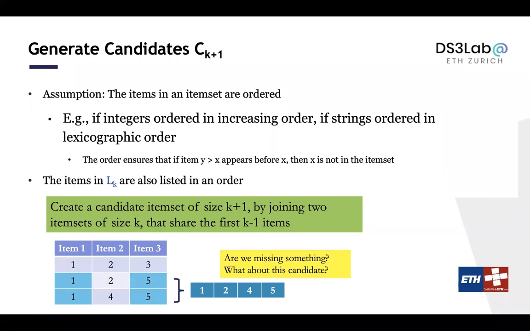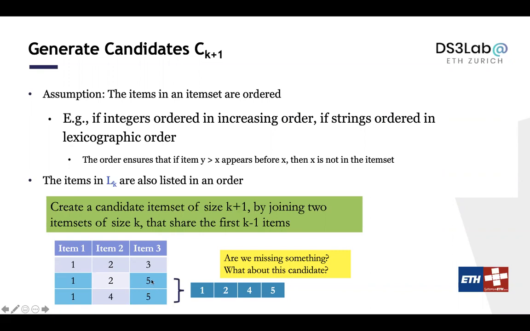Are we actually missing some candidates? Actually, no. For example, if you have 1, 2, 4 and 1, 4, 5, and they do not share all the previous attributes, it means that 1, 2, 4 is not frequent, because otherwise you would generate this tuple from 1, 2, 4 and 1, 2, 5. The only reason you would rely on 1, 2, 5 and 1, 4, 5 to generate this is because 1, 2, 4 is not there.